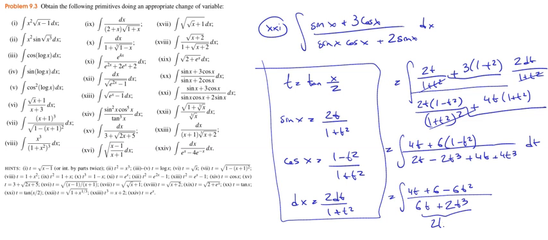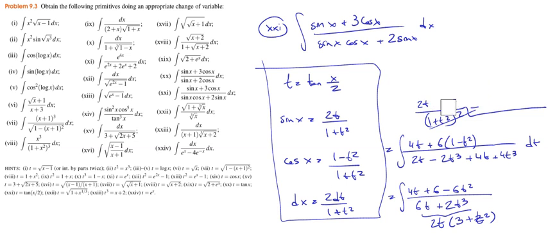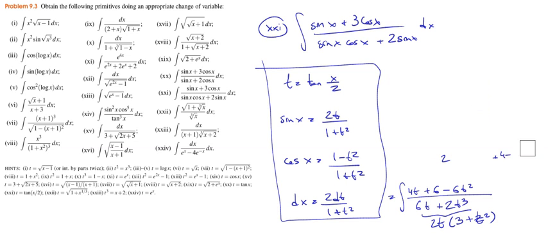So you can take a common factor 2t, you have 3 plus t squared, right? That's it. So let me go back and rewrite this here. So we have, this is equal to the primitive of minus 6t squared plus 4t plus 6 divided by 2t times t squared plus 3 dt, right?